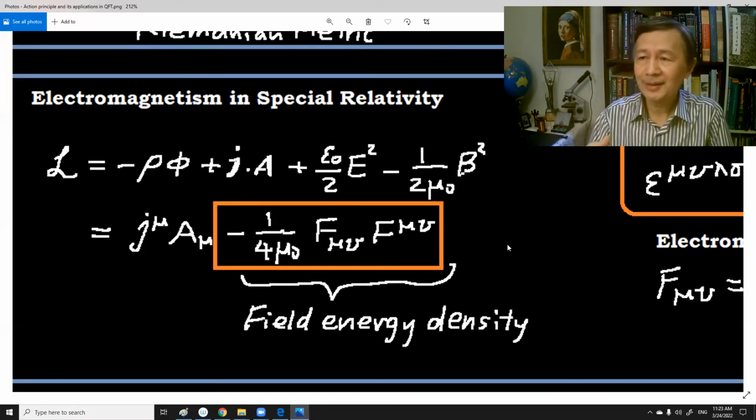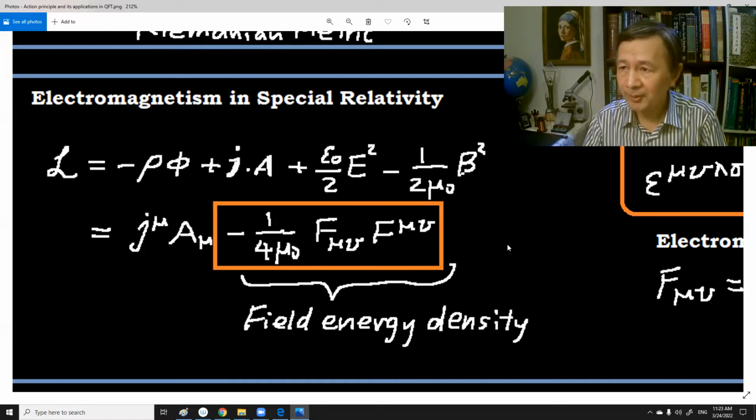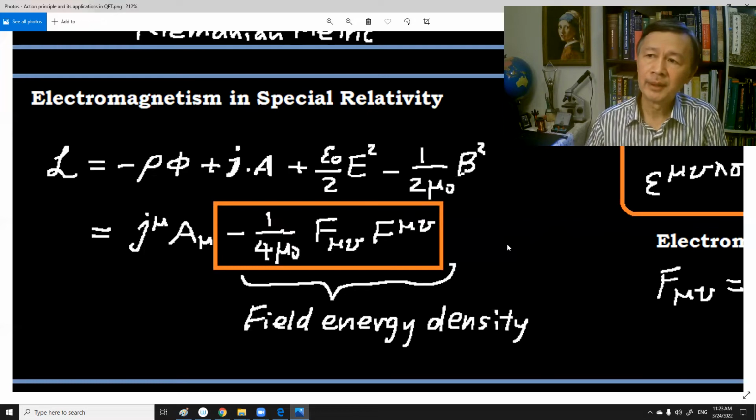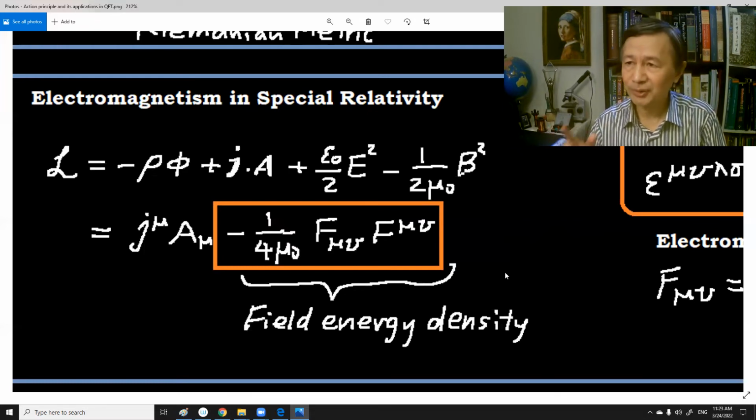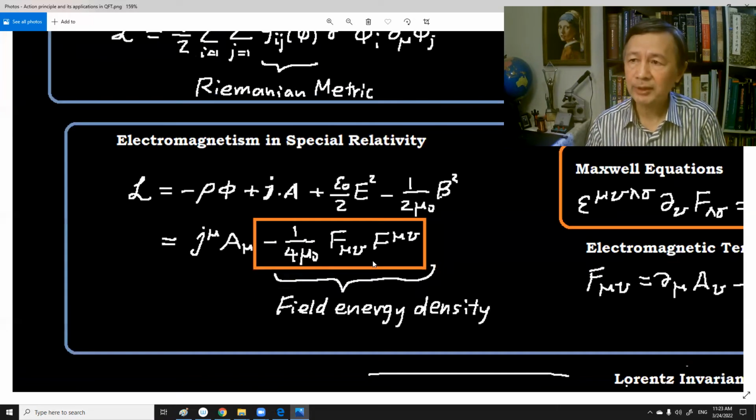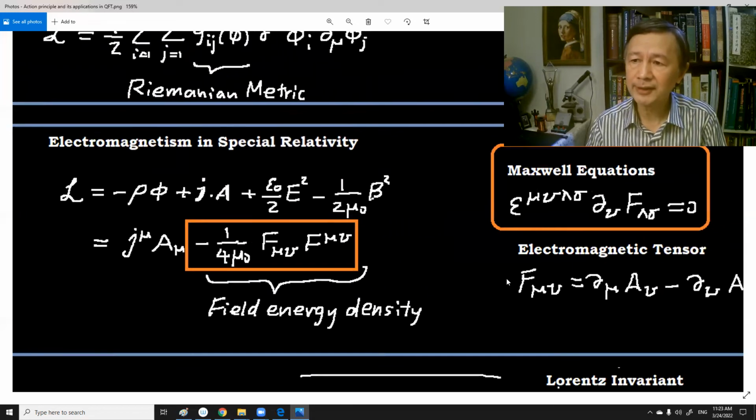And this idea was supported by the Michelson-Morley experiment, in which they failed to observe the presence of ether. So from the beginning of the 20th century, the electromagnetic field for the first time was treated as a physical being. In particular, this abstract notation is called the electromagnetic tensor.